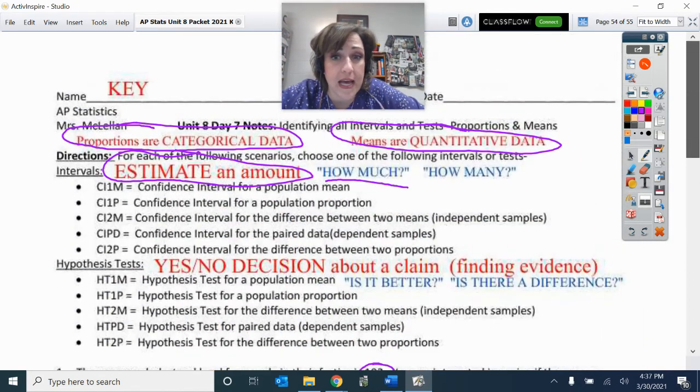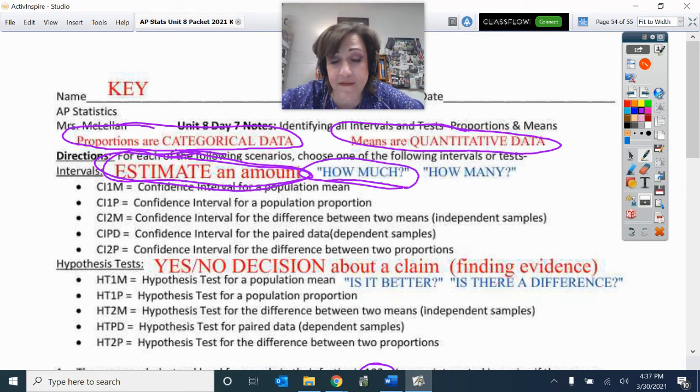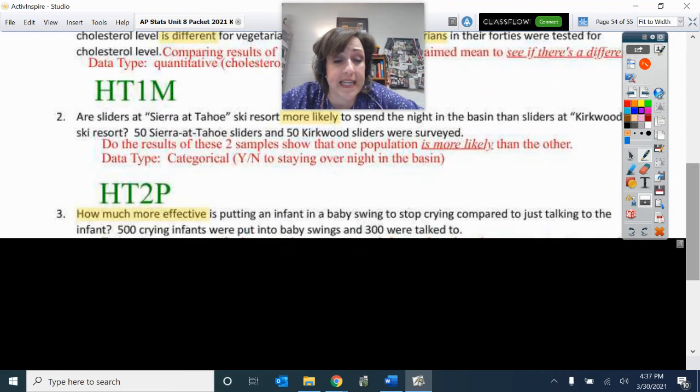So, I'm estimating how much more was one effective than the other. So, what is the numerical difference between those 2 samples' results? Okay, so I think I got a confidence interval I'm going to be making. Now, if it had said, is this one more effective than the other? Then I would be saying hypothesis test, but I think I'm going to do an interval.